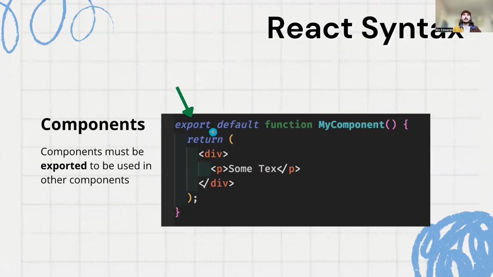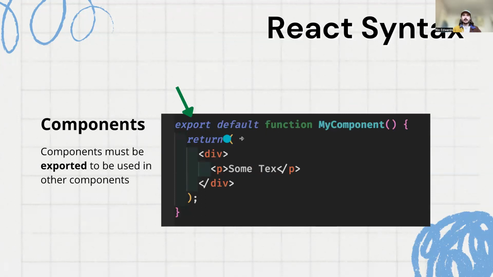Components are pretty much always going to be exported. So when you make a new component, you have to say export default. You can leave out default, but for this project we're just going to be doing export default.